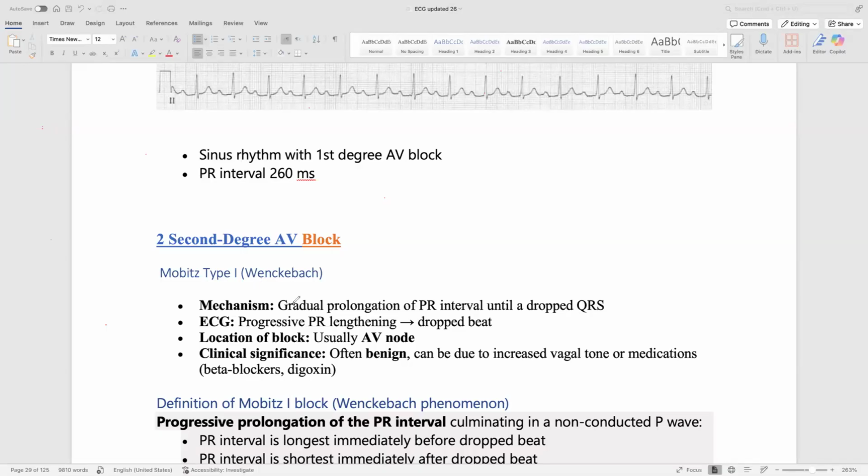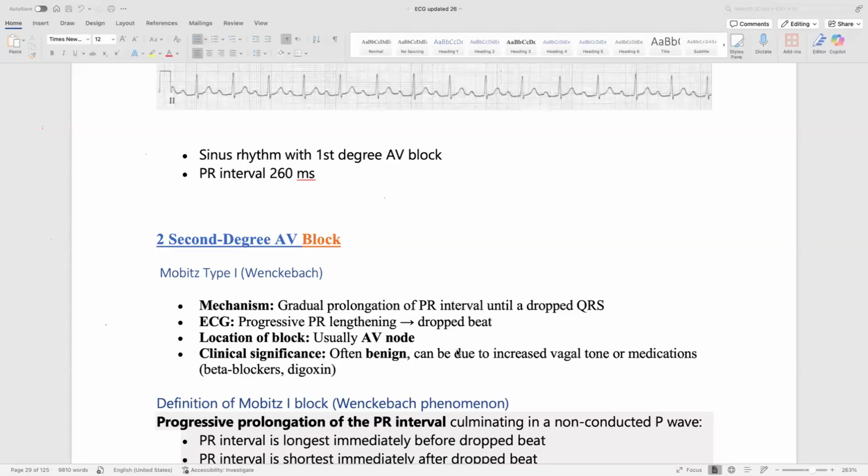Every beat is more prolonged than the previous one, until it reaches a point where there is significant prolongation and no QRS complex. There is a drop in the QRS. So there is progressive gradual prolongation of the PR, and the PR immediately after the dropped beat is short. Then it prolongs, maximum prolongation, then absent QRS. This is Wenckebach.